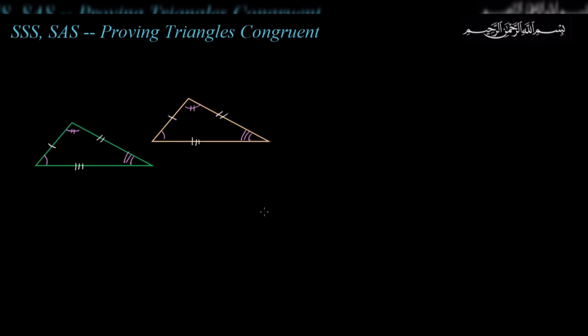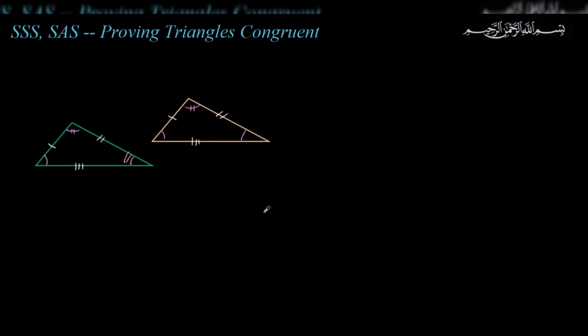So the question is, is there any easier way of proving triangles congruent? Well, of course there is, and that's what we shall explore in this section. We shall explore 2 other ways, besides proving all the sides and all the angles to be congruent, to prove that the triangles are congruent.